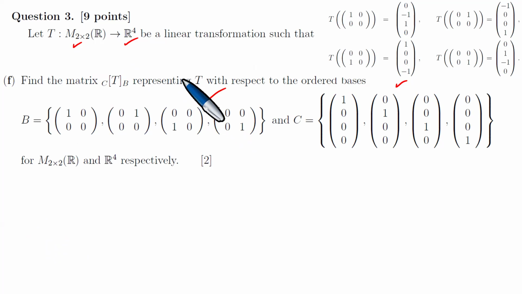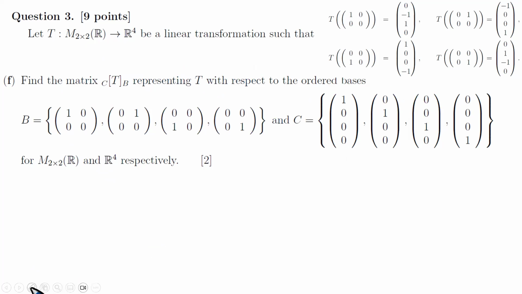Because once again, this is called a matrix representation. So you want to find a matrix representing T with respect to the ordered basis. But we understand that T itself is a map from the 2x2 matrices to R4.